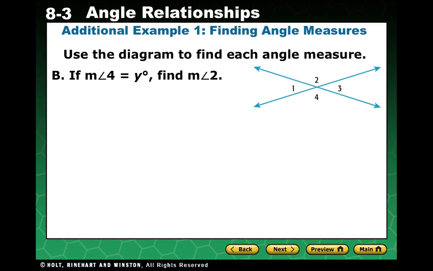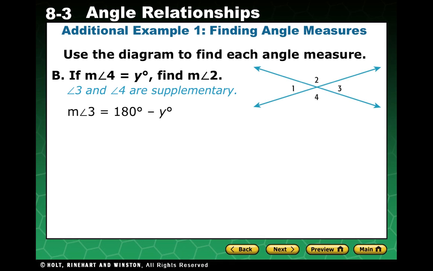Okay, so if angle 4 is y degrees, find measure of angle 2. Well, measure of angle 4 and 2 need to be congruent. They are vertical angles. That makes them congruent. Okay, so if you think back to the last example, the two angles that are right next to each other are supplementary.